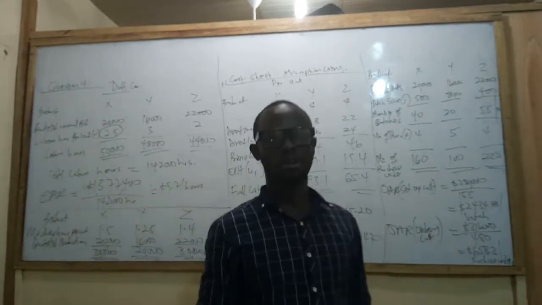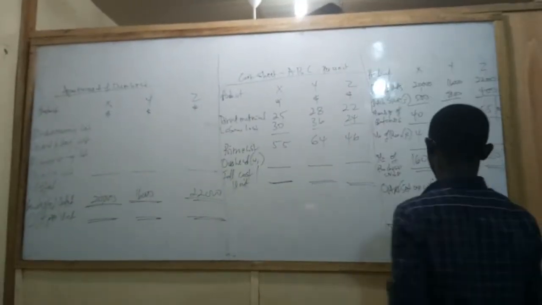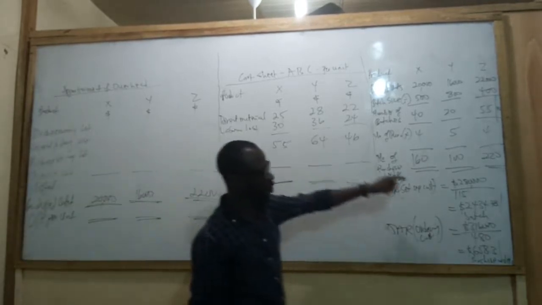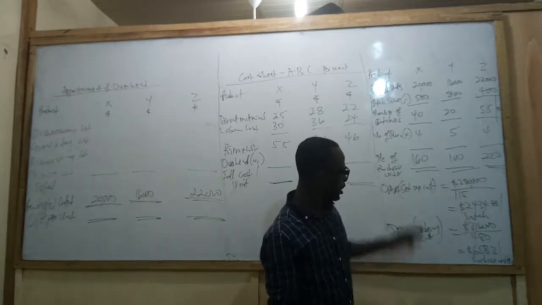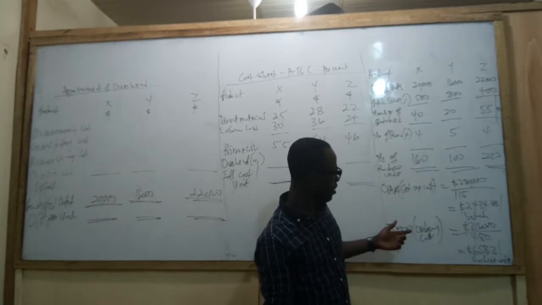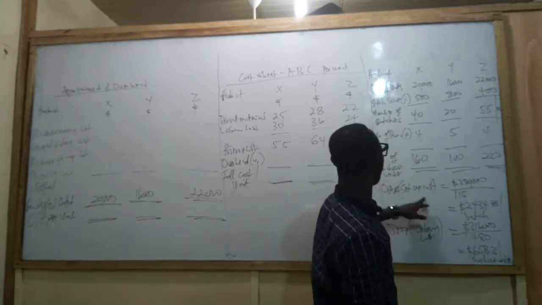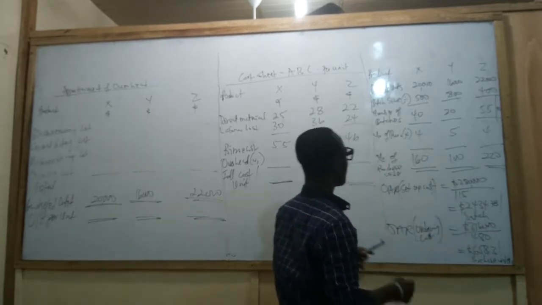Let's do the final account. So machine running cost is based on what? Setup. What is the setup? It's dependent on the batch.